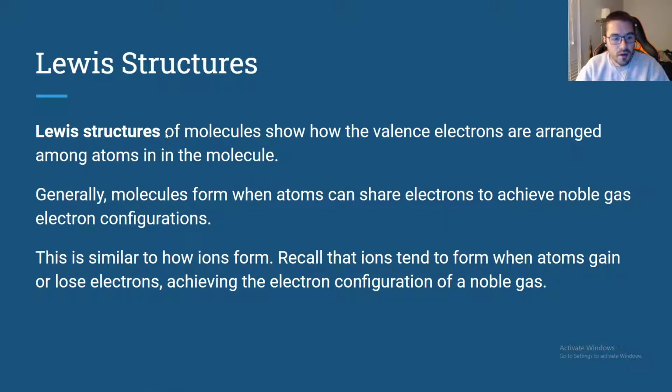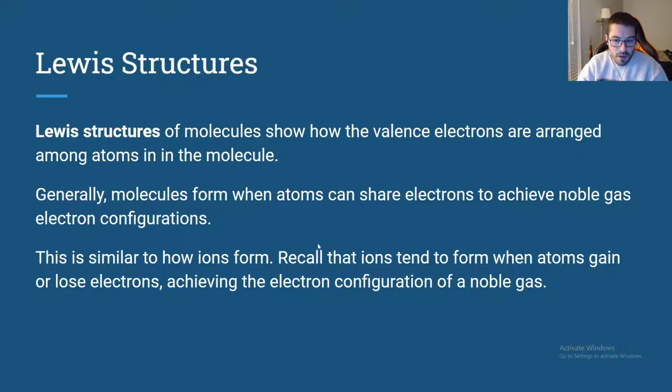So, a couple of notes here about Lewis structures before we get into some examples. Lewis structures are just models or diagrams of molecules that show how the valence electrons are arranged among the atoms in the molecule. Generally, molecules form when atoms can share electrons to achieve noble gas electron configurations. So remember, this is similar to when we were talking about ions at the beginning of this unit, right?